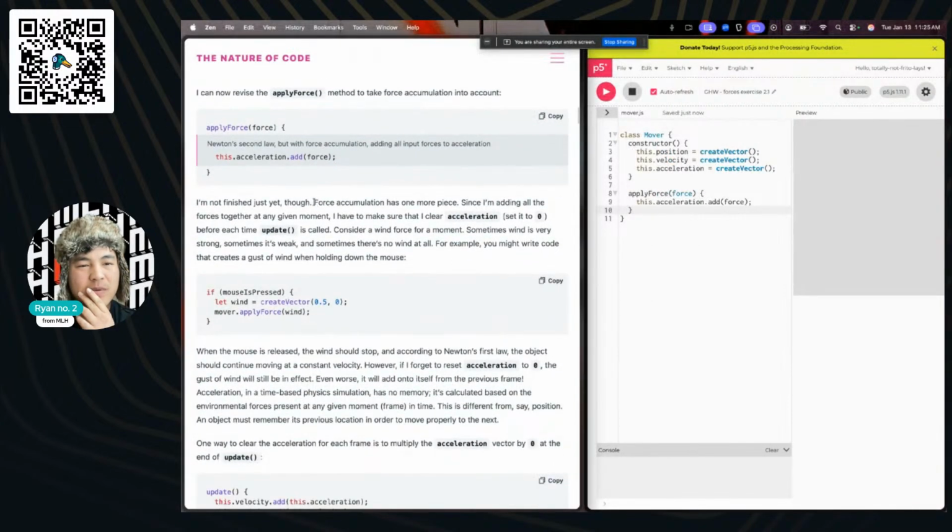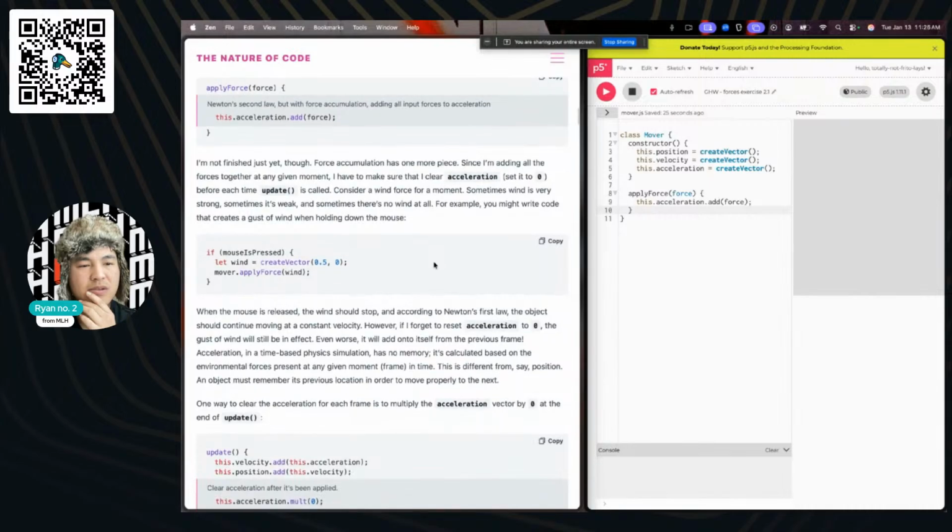Okay. Force accumulation has more than one piece. Since we're adding all forces together at any given moment, we need to make sure that acceleration is cleared before each time the update function is called. And the reason why is the gust of wind is still in effect.